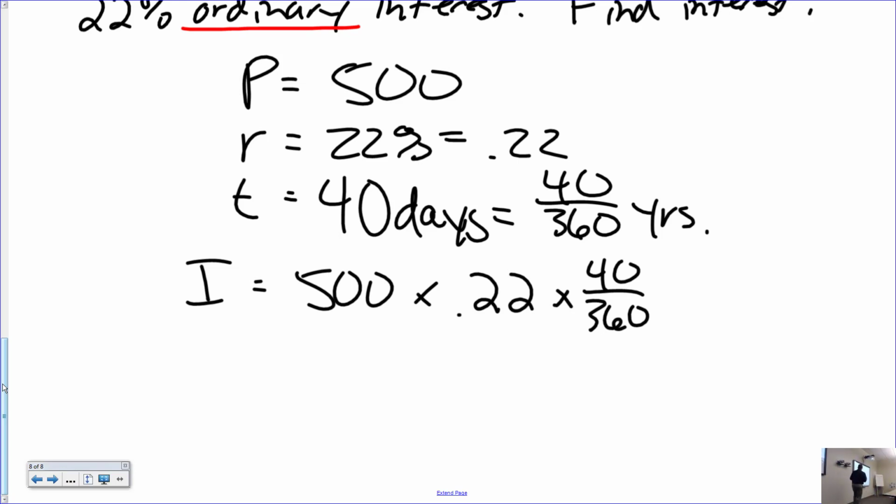Please remember, folks, that this fraction bar is also just a division sign, right? So you can just type in 500 times 0.22 times 40 divided by 360. That's perfectly fine. I would rather that you use this as a fraction itself, but I know most people look at fractions and go, ah! And so I understand that.